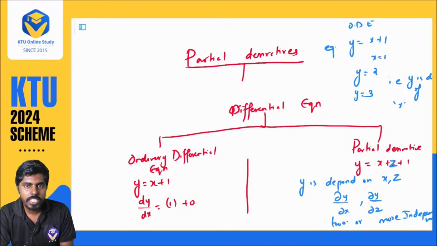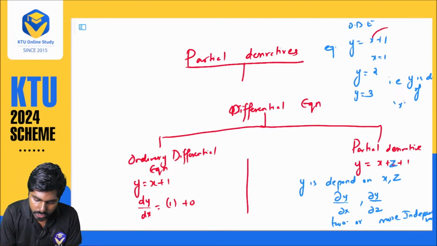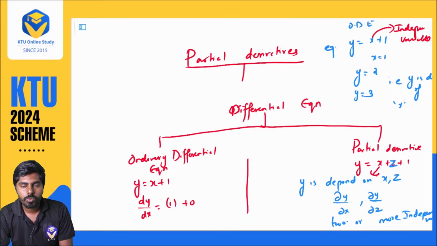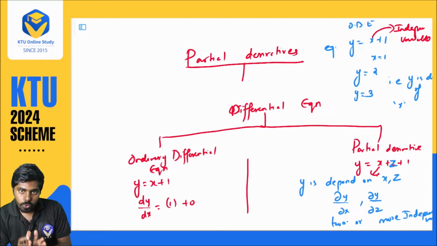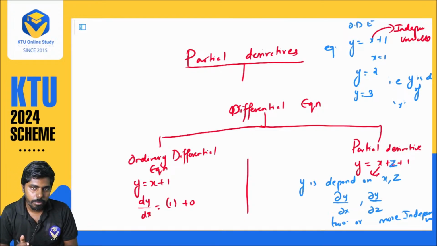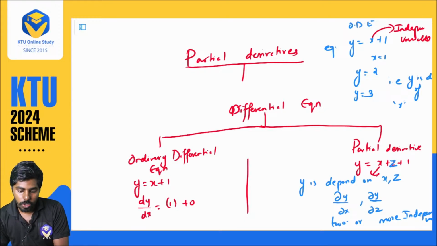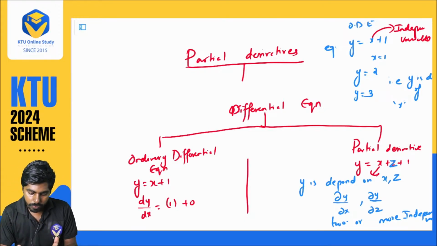That is, x is an independent variable. Similarly here, x and z are independent variables. Two or more independent variables means we will be calling it partial derivative. You are doing differentiation only, but with respect to x and with respect to z. So this is the difference between ordinary and partial differential equations.